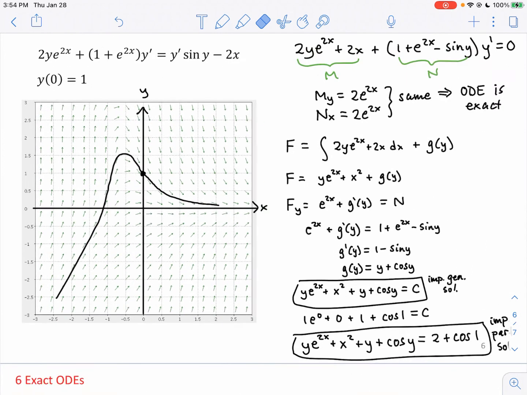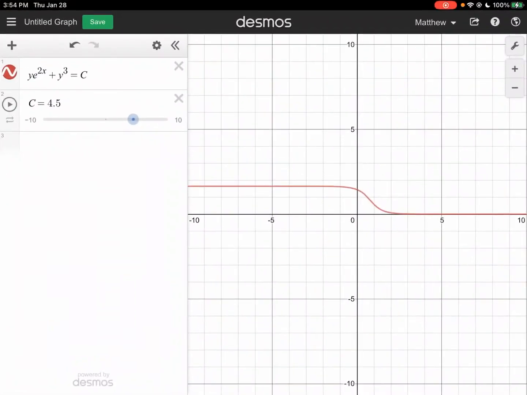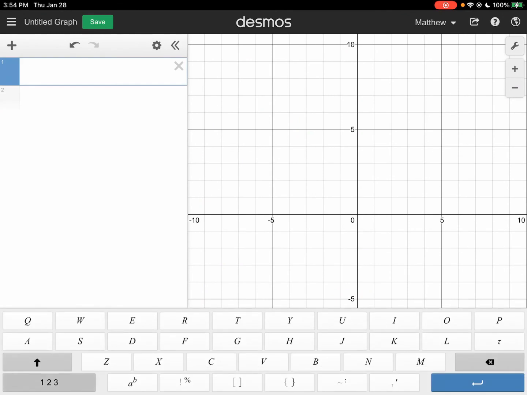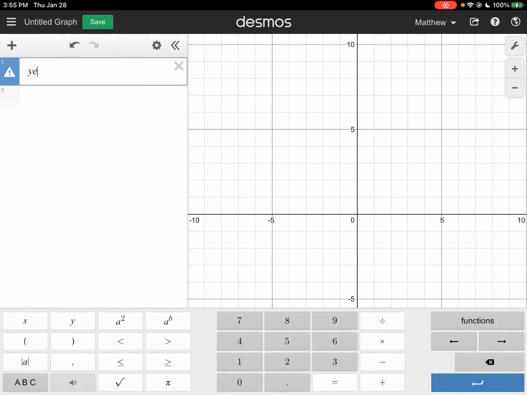I'm going to type in the general one, and then we're going to fix c to be 2 plus cosine 1 and see what happens. Okay, y e to the 2x. Let's go and delete that and delete that. There we go, y times e raised to the 2x.